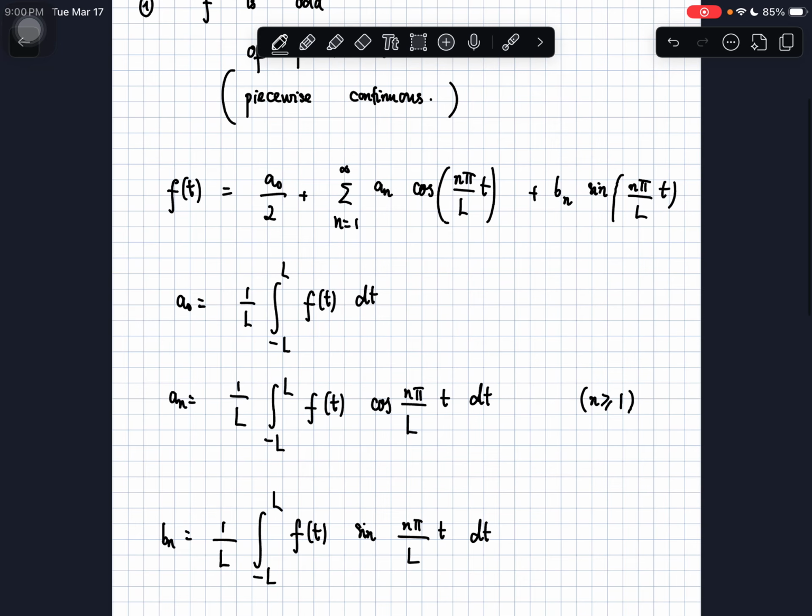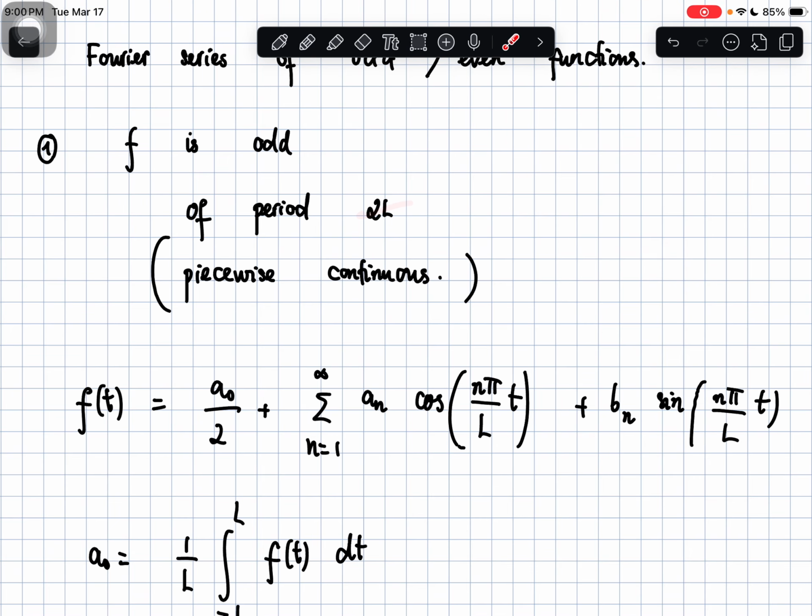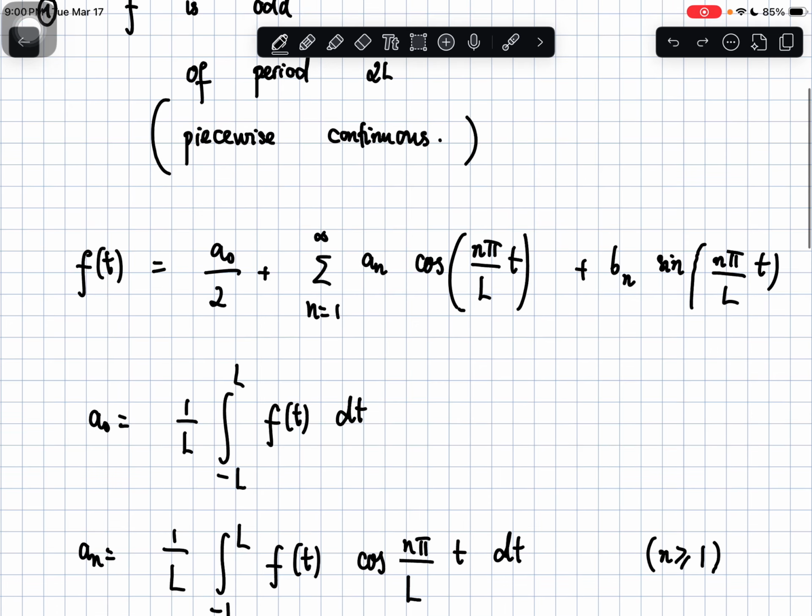And because our function has period 2L, we can choose any interval of length 2L.